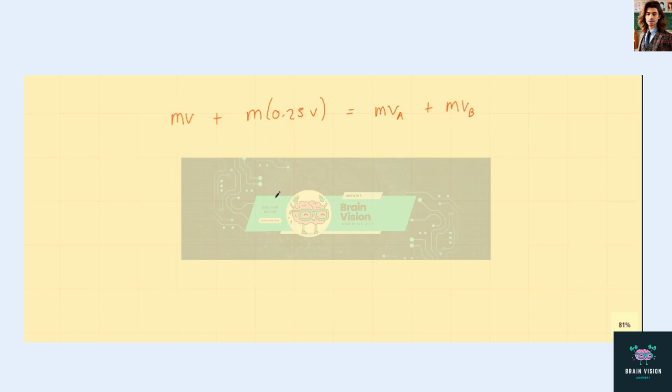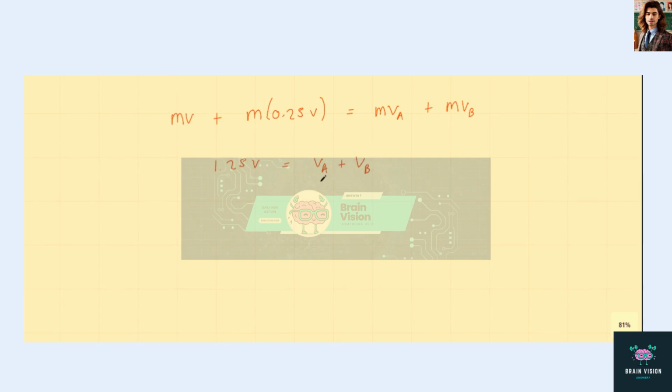Again, we have identical masses on either side of this equation, and so we can write v plus 0.25 v as 1.25 v is equal to VA plus VB.